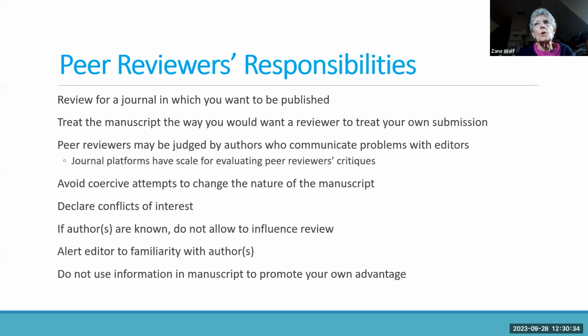And it's also a learning curve to review for the journal in which you want to be published, because then you're going to see it from the author's side, and I think that's good. The whole idea of treating the manuscript the way that you would want your manuscript to be treated is important.